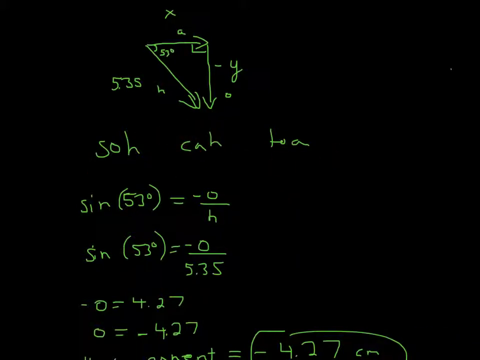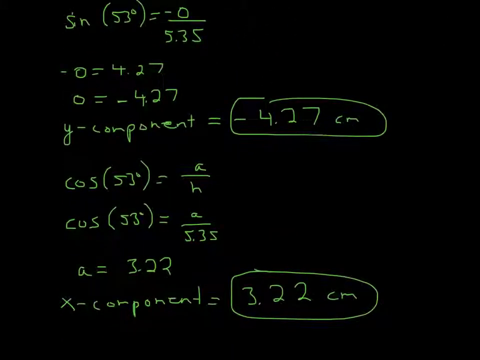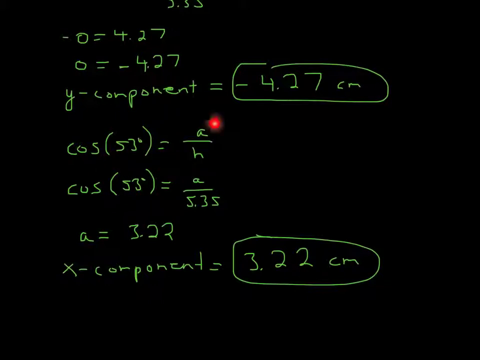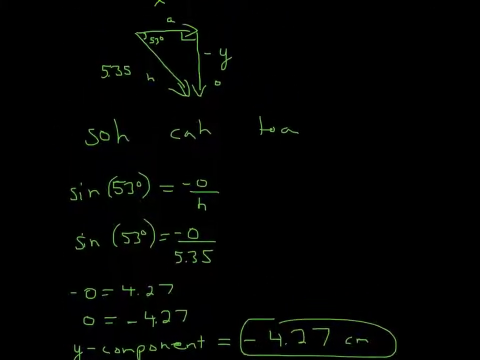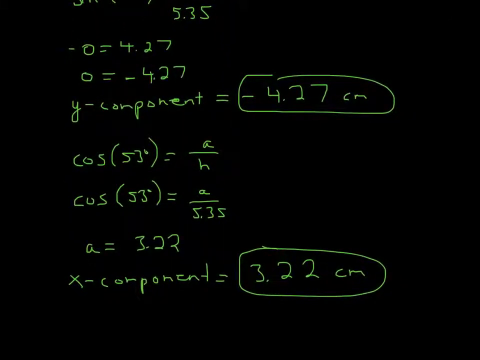So it's cosine of the angle, 53 degrees, and since cosine is adjacent over hypotenuse, we put that over 5.35, because that's the hypotenuse. We multiply each side by 5.35, that cancels out, and you get 3.22. Then you go back and make sure it's the x component. So the x component will be 3.22. I hope that helped, and thanks for watching.